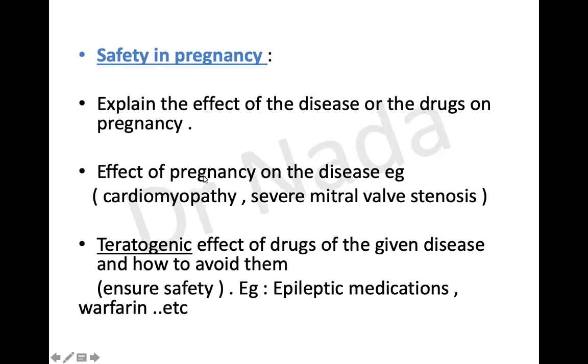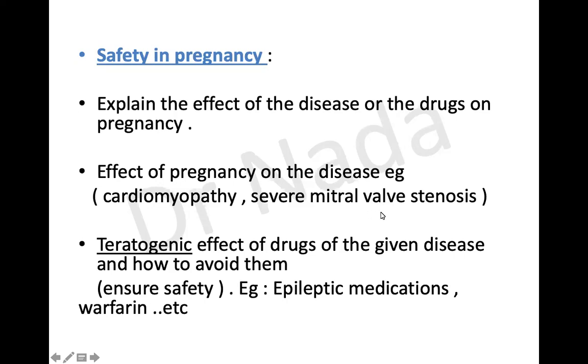Explain the effect of pregnancy on the disease, like cardiomyopathy, for example. If the patient's concern was that she wants to have children after a peripartum cardiomyopathy, you have to advise her not to conceive, because that will cause extra load on her heart and it would put her life at risk.